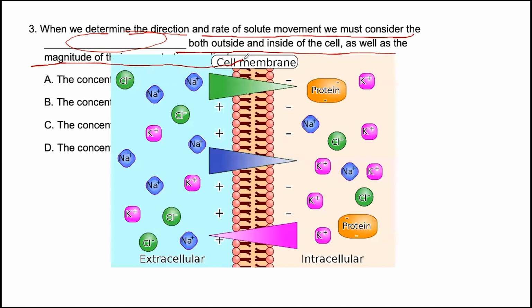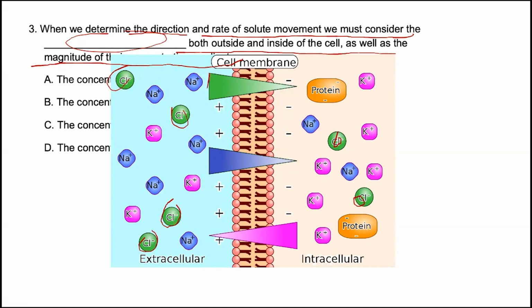Okay, let's see. I posted this picture here. And you can see that for chlorine, there are four ions outside, and then you have two here, right? So you have a greater concentration gradient developed outside than inside, correct?